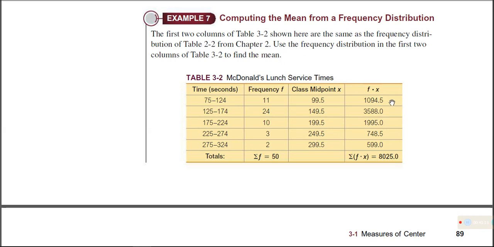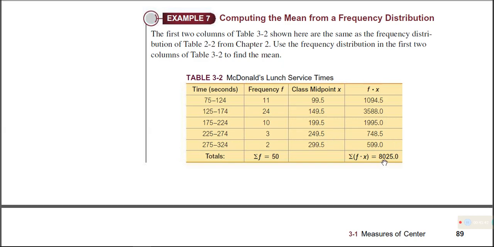So, we have 1094.5. Ito yung unang-una. Plus, yung pangalawa, 3588. Plus, yung pangatlo, 1995. Plus, yung pang-apat, 748.5. Tapos yung pang-lima, yung 599.